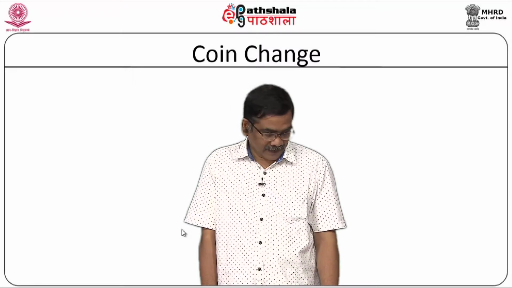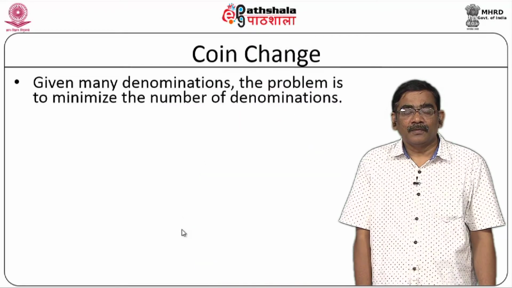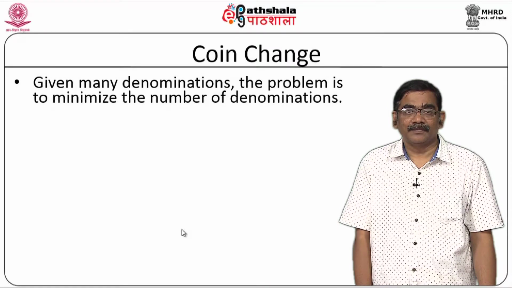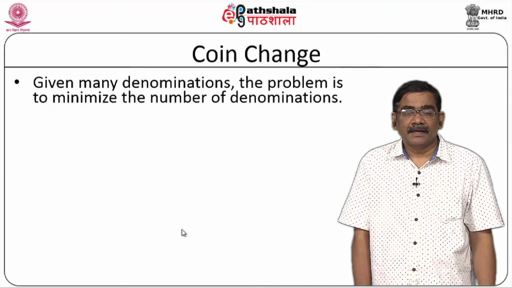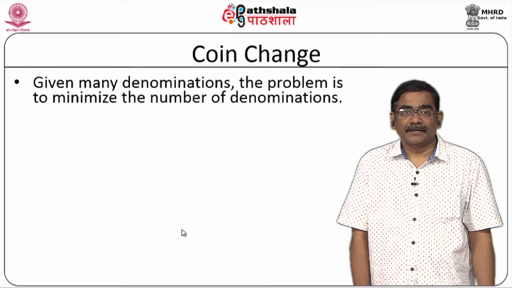So, the coin change problem is something like this. We want to minimize the number of coins. We are given many denominations, and the problem is to minimize the number of coins.